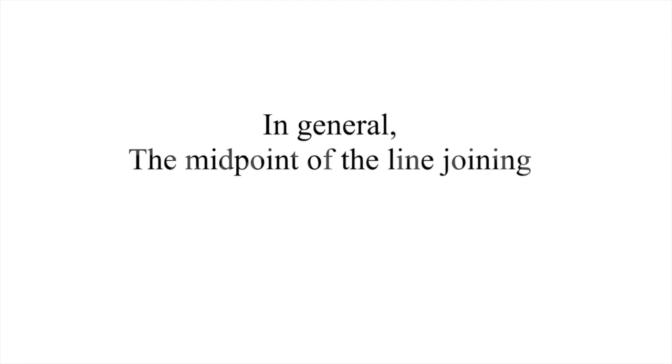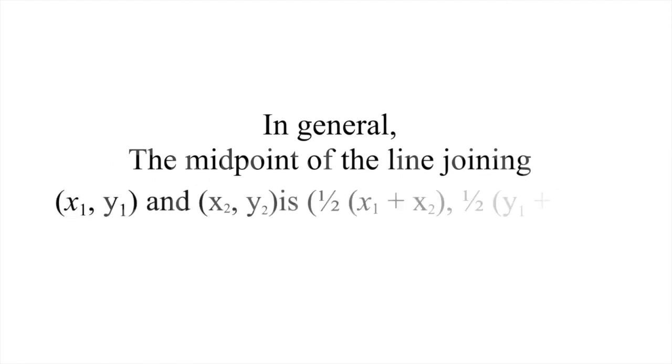Draw pictures for different relative positions of the points. In all the positions of the points, you will get the x coordinate of the midpoint as 1/2 into x1 plus x2 and the y coordinate as 1/2 into y1 plus y2. In general, the midpoint of the line joining x1, y1 and x2, y2 is 1/2 into x1 plus x2, 1/2 into y1 plus y2.